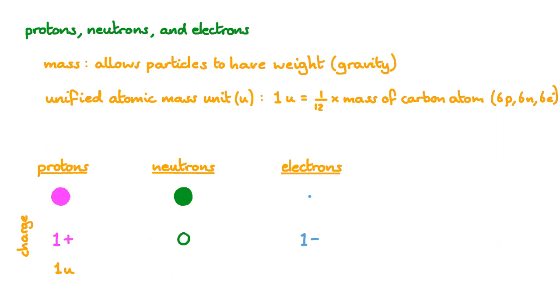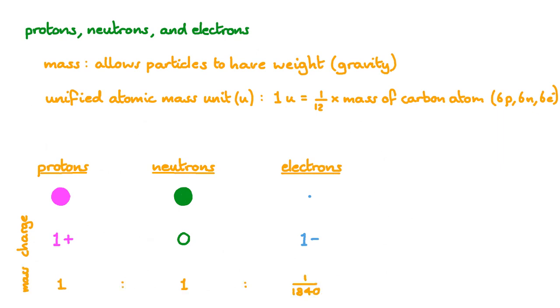A single proton has a mass of about 1 unified atomic mass unit. And a neutron also has a mass of about 1 unified atomic mass unit. However, a single electron has a mass of only 0.00055 unified atomic mass units. To keep this simple, sometimes chemists write the relative mass of protons, neutrons and electrons.